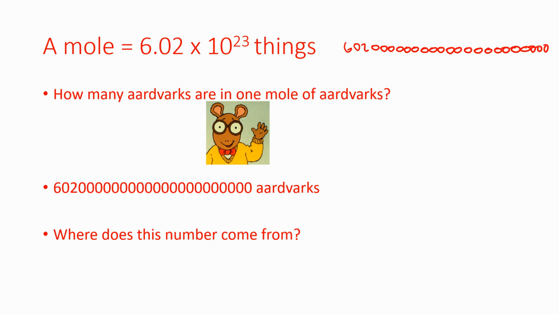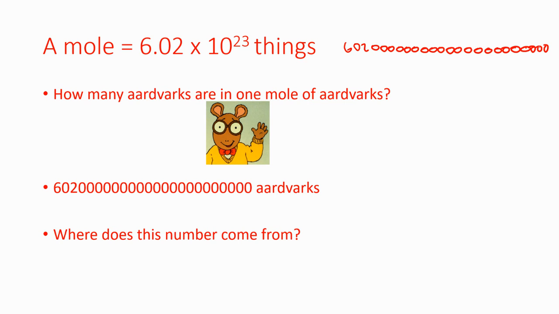In fact, it's so big that if you were to go out to the football field and place marshmallows across the surface of the football field, a good estimate would be that would not even come close to 6.02 times 10 to the 23rd. In fact, if you covered the surface of the planet, it would not come close to 6.02 times 10 to the 23rd.